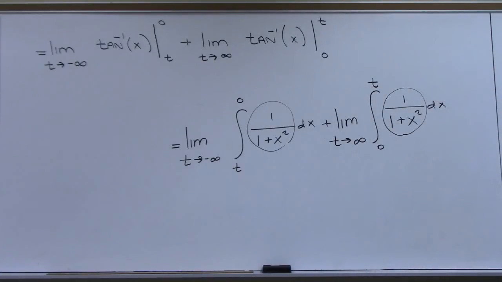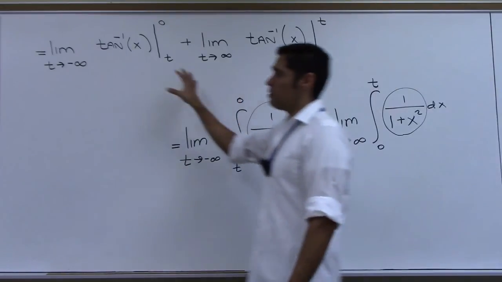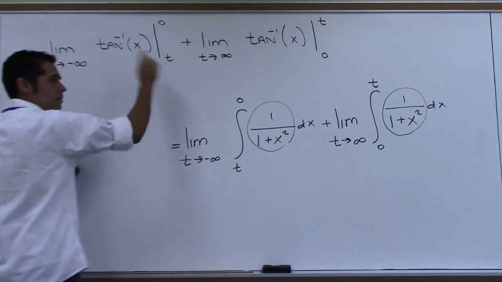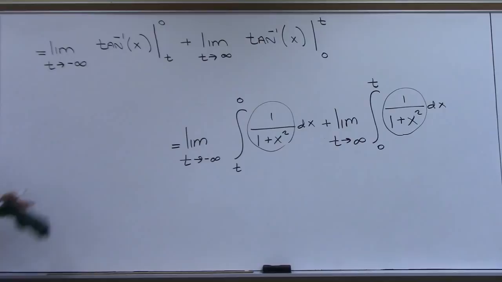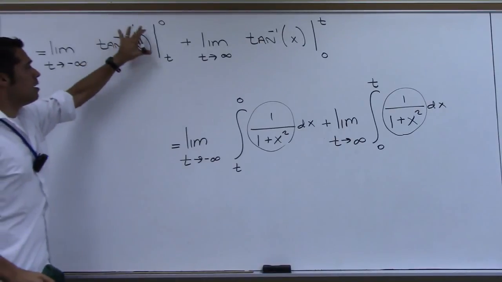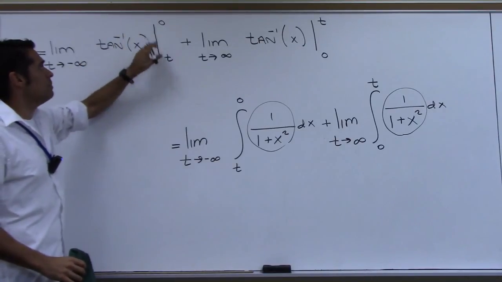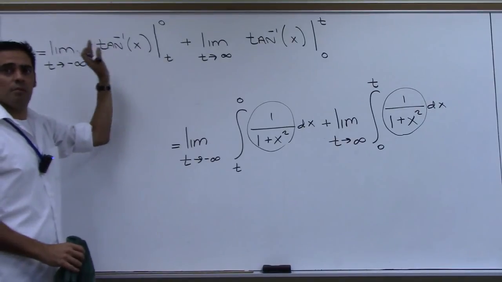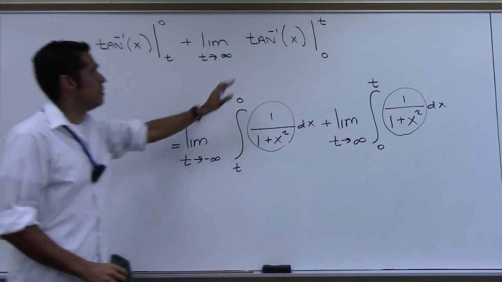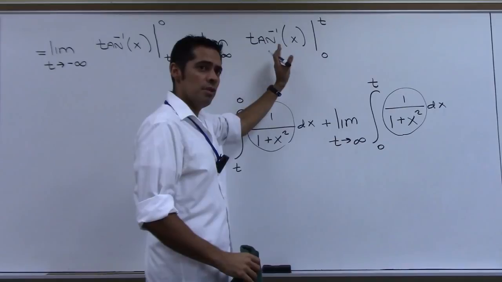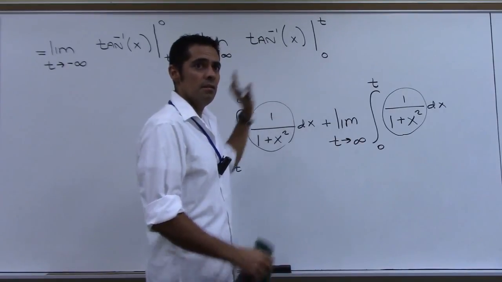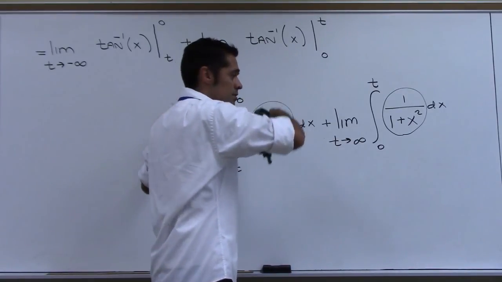Any questions? We're using the fundamental theorem of calculus, right? Just to go from there to here. Now, what I'll do is I'll plug in here. So remember, this line meant plug in 0 first, then subtract what you get when you plug in t, right? This one meant plug in t and then subtract what you get when you plug in 0. And the limits will be sitting outside in front of all those.